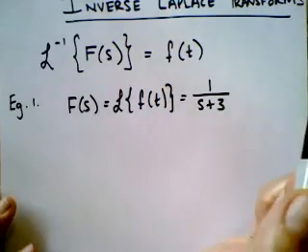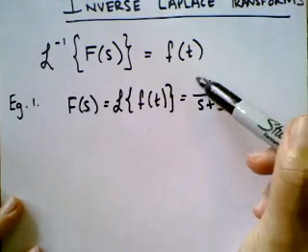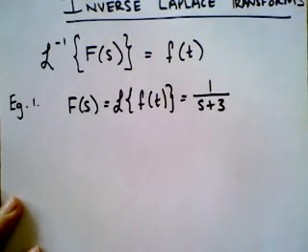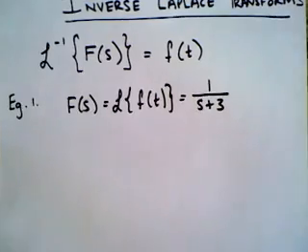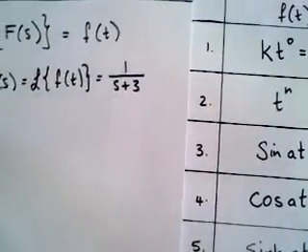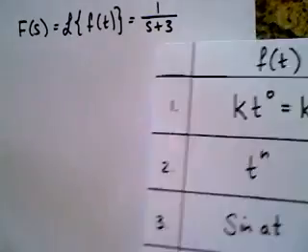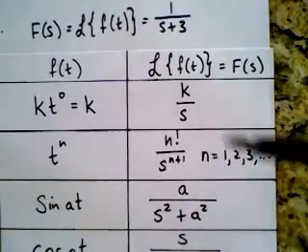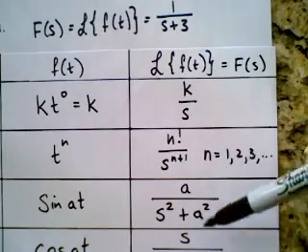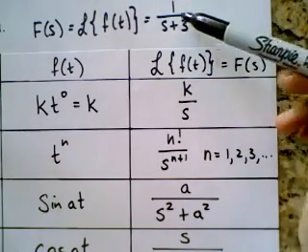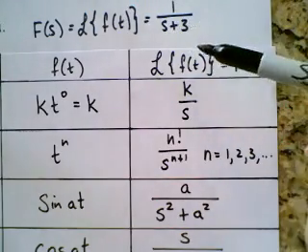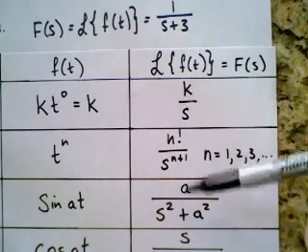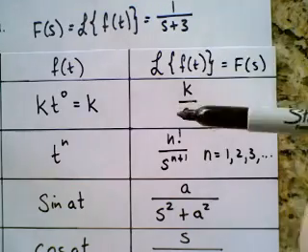Okay, so now we want to take your function in terms of s and get something in terms of t. So if we look at our diagram and the example that you've got, you want to look at the F of s column here, right? And you want to look at your denominator first because you want to find the same form as your example or your exercise.